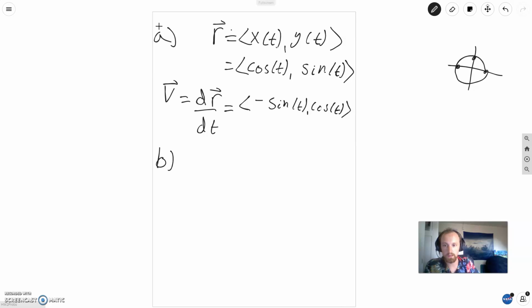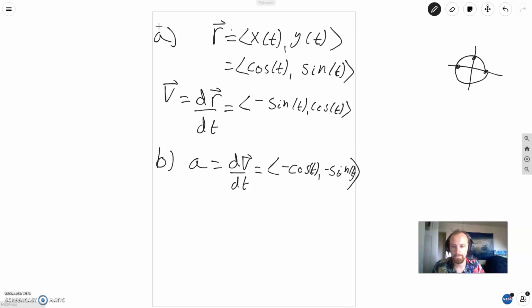Part B asks for the acceleration vector, which is the derivative of velocity. So that's going to give us negative cosine of t, comma negative sine of t.